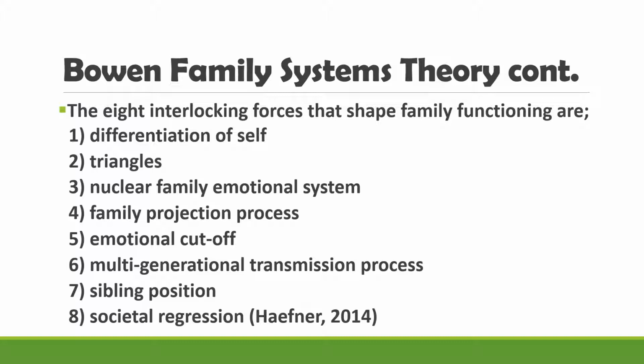Bowen explains differentiation of self as describing the level at which an individual is able to integrate the opposing and basic drives between thinking and feeling and separateness and togetherness.